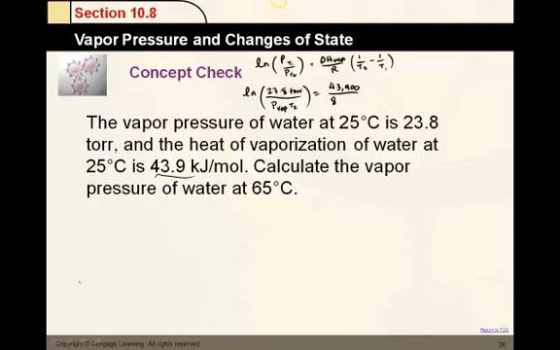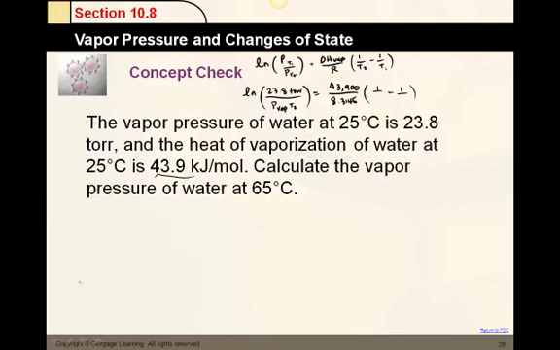And then I use 8.3145. Now obviously I could switch that, or I could switch the other, but they do have to be in agreement. Alright, and then 1 over T2 minus 1 over T1.